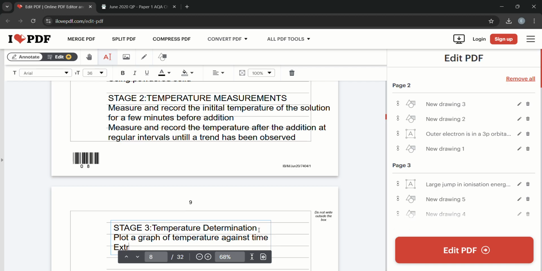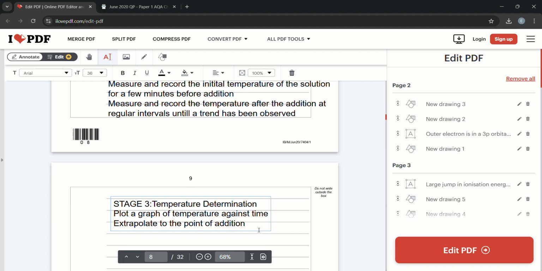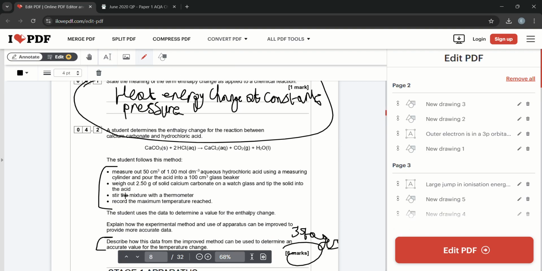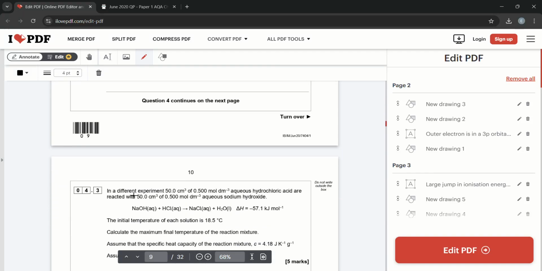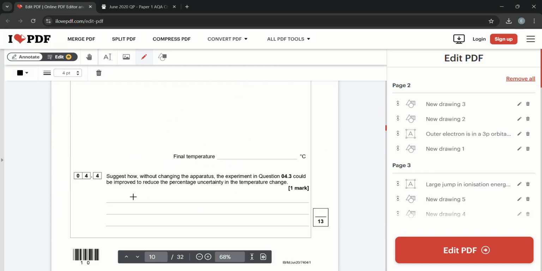We want to extrapolate to the point of addition, because this will give us the accurate temperature change, and then we want to determine delta T at the point of addition, the change in temperature. That's 4.2, and then 4.3 and 4.4.